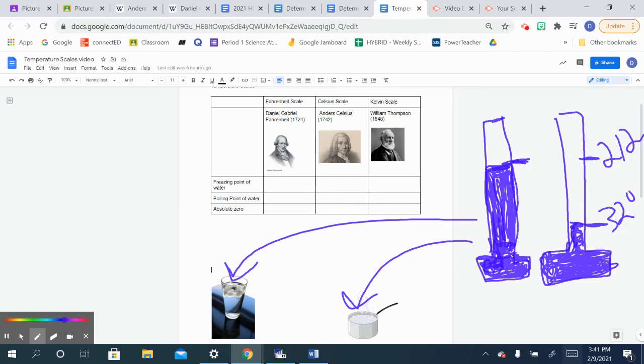All right. We know that whenever you put objects with different temperatures together, heat will always flow from the warmer object to the cooler object until they have the same temperature, or what we refer to as thermal equilibrium. This is the second law of thermodynamics.